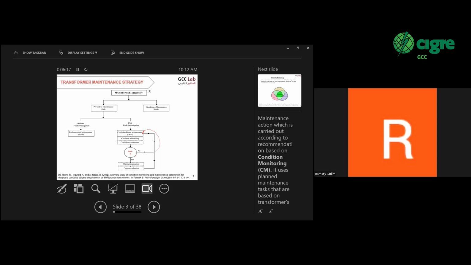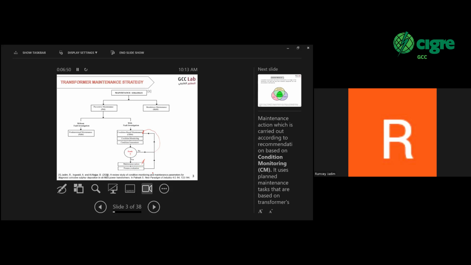But if there is a fault, that means maintenance action should be taken to correct any issue before it develops into a big problem. And also very important is the process evaluation after this, to see where the gap is, where the good things are that should be taken, and something like this.